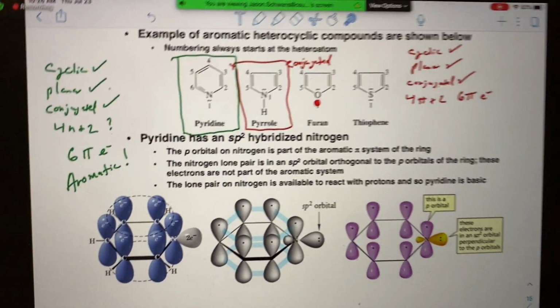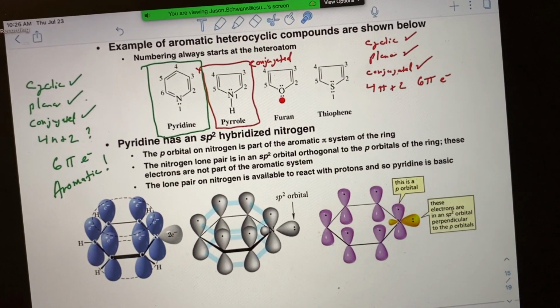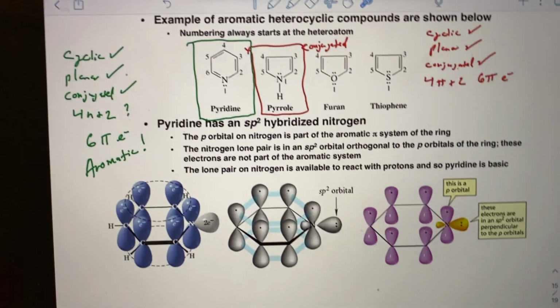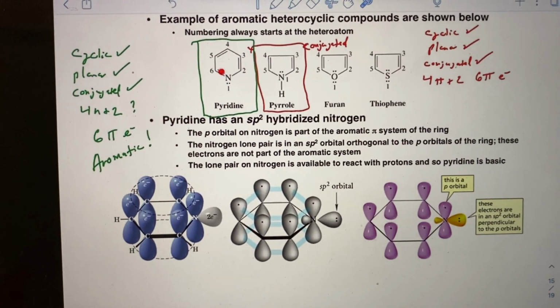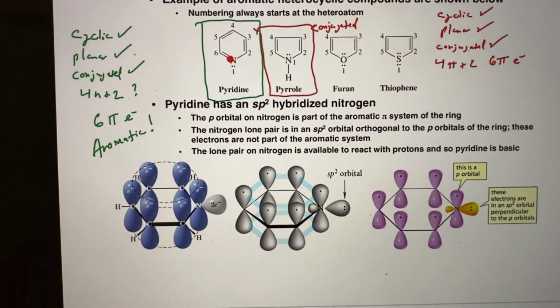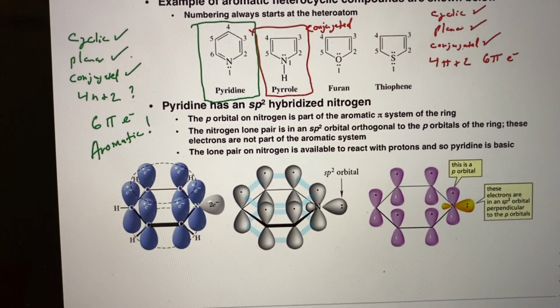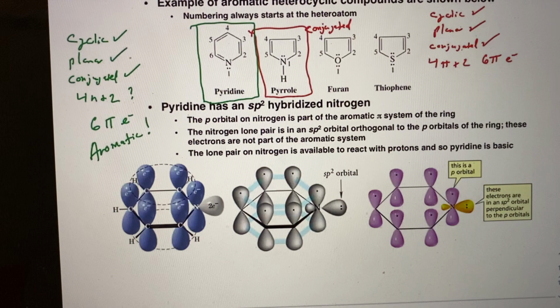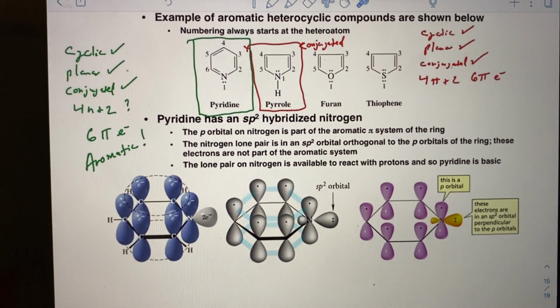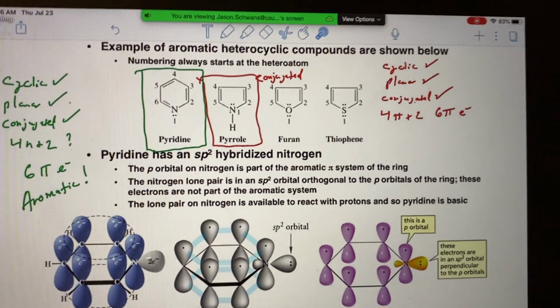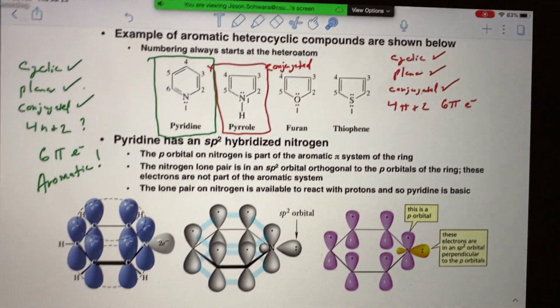The other one's pointing off perpendicularly in an sp2 hybridized orbital. Or the last scenario, with pyridine, where the p orbital is already occupied by this carbon-nitrogen double bond. So there the lone pair is pointing off perpendicularly in an sp2 hybridized orbital. So different varieties of doing our accounting, but all pretty much the same idea.